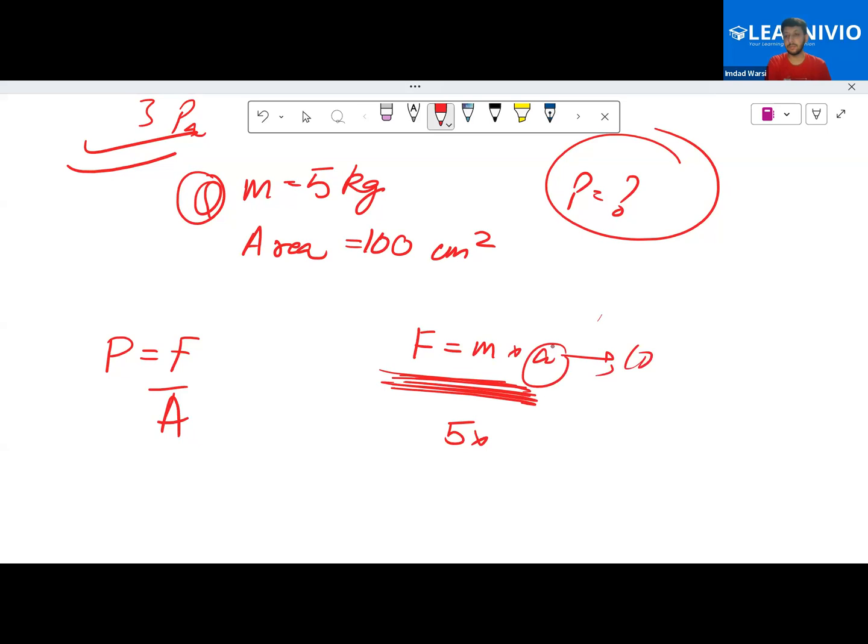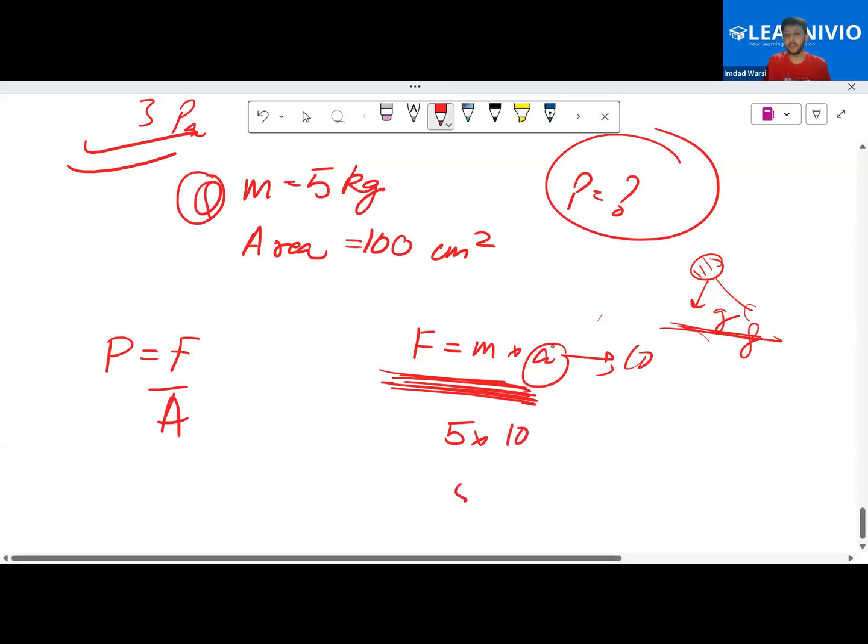If you are dropping the ball on the ground, G will be acting downward, or even if it is thrown at an angle, G will be there. G is acceleration due to gravity, so acceleration we take 10. So 5 into 10, force comes 50.